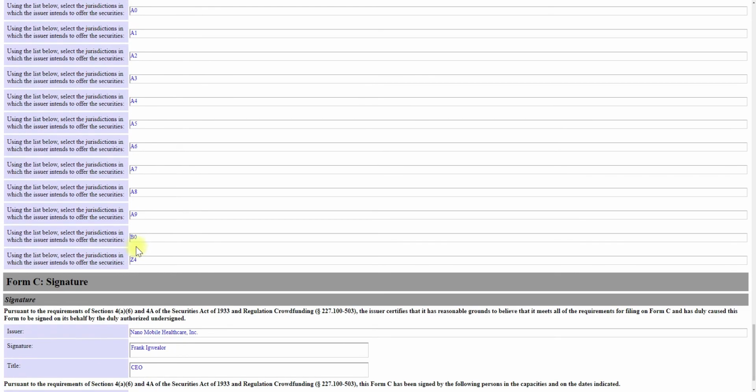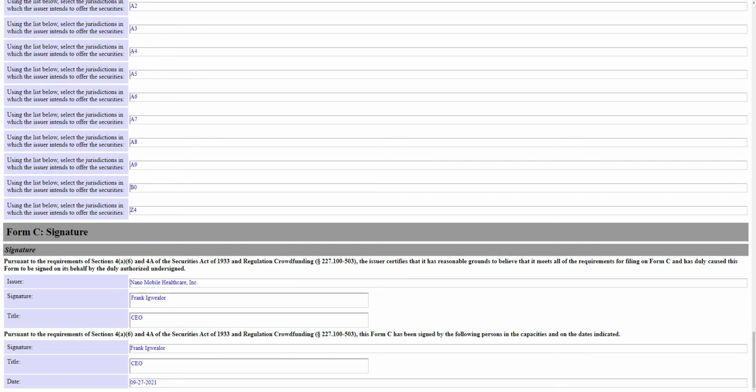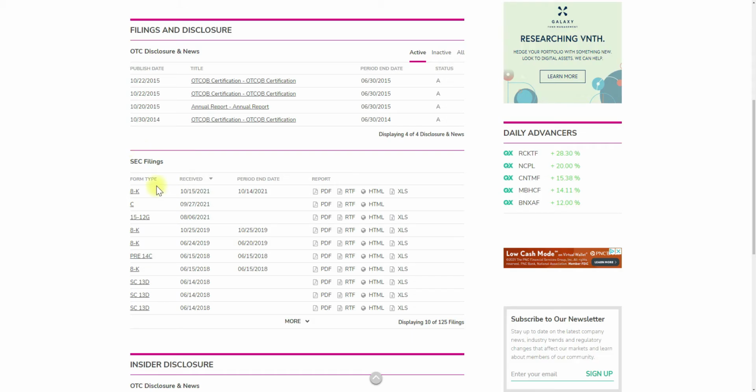This is for any company. They'll either have it on here, on the SEC filings, and you'll also get a lot of statements from other companies. I'll show you another company where you'll see quarterly filings up here, and you'll see the attorney letter. Those are for going pink through the OTC. You can do it through the SEC as well, so two different divisions. Okay. And then they also had a 15-12G.